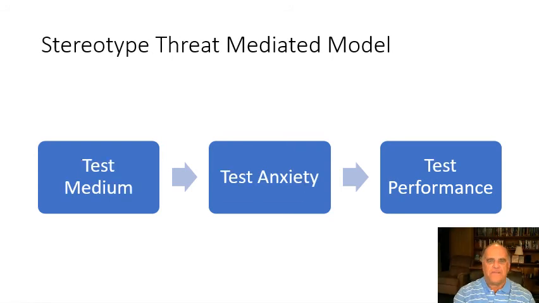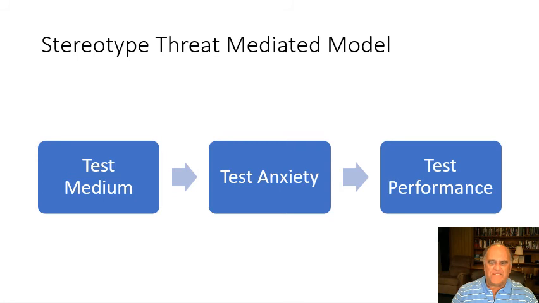Here's another famous mediated model, stereotype threat. We know that providing information, whether it's true or false, on the test medium, even with the same content, leads to differences in test performance, especially for traditionally underrepresented groups, for minority groups, whether it be minority in terms of gender or race or ethnicity.